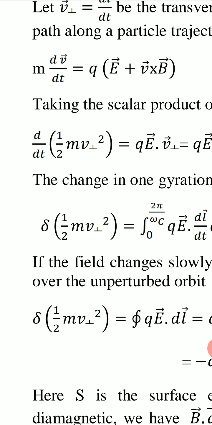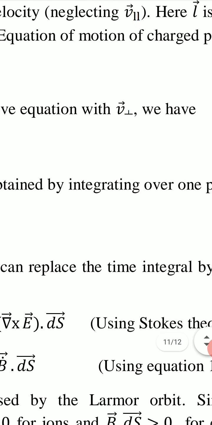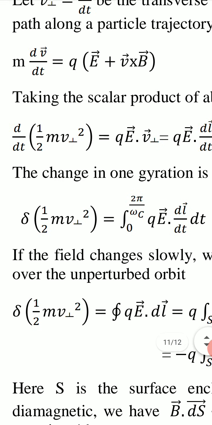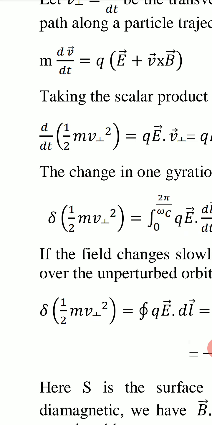It means in the left hand side we have m dv vector upon dt dot v perpendicular vector. So the left hand side becomes m dv vector upon dt dot v perpendicular, and this becomes d upon dt of half m v perpendicular square.